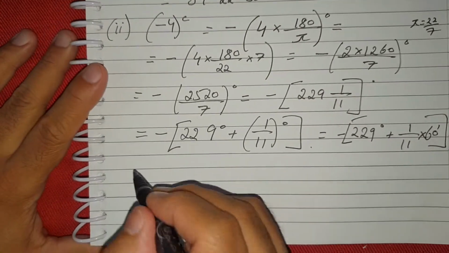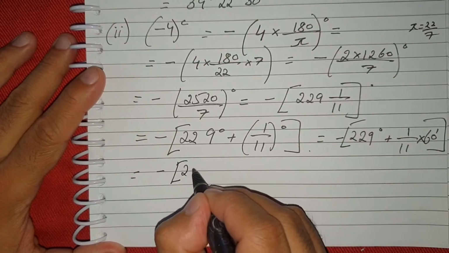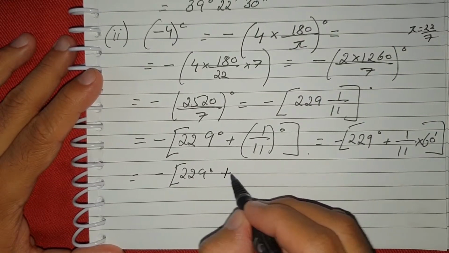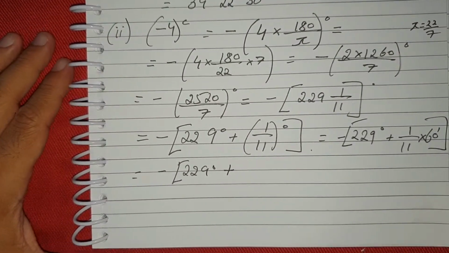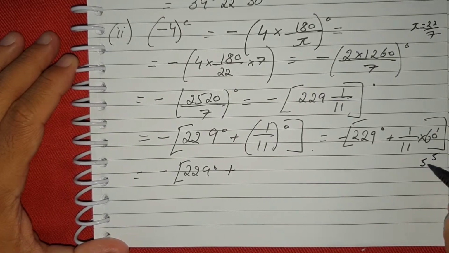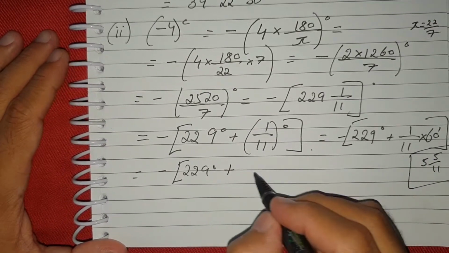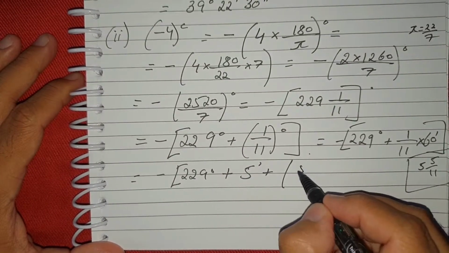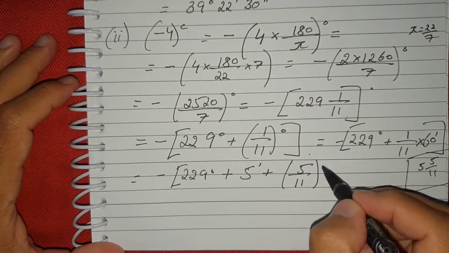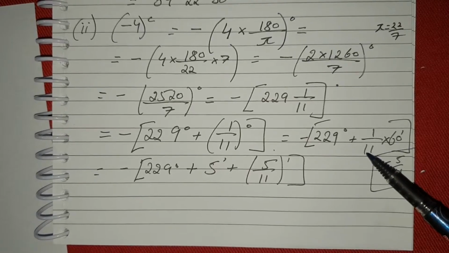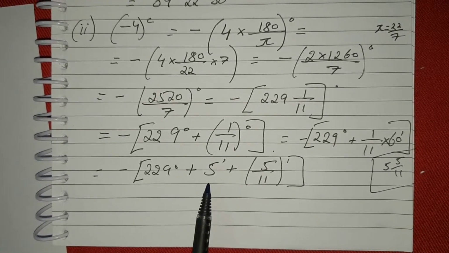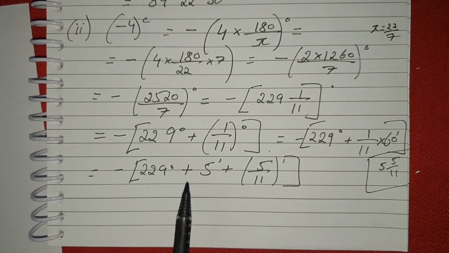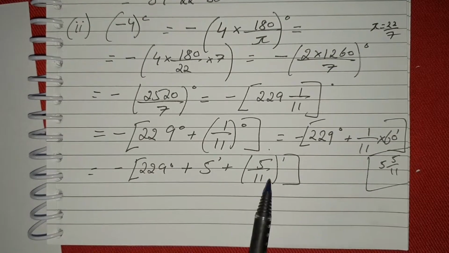Now 60 by 11, this is minus 229 degree plus 5 by 11 minutes, since 60 by 11 is 5 by 11. So this is 229 degree plus 5 minutes plus 5 by 11 minutes.